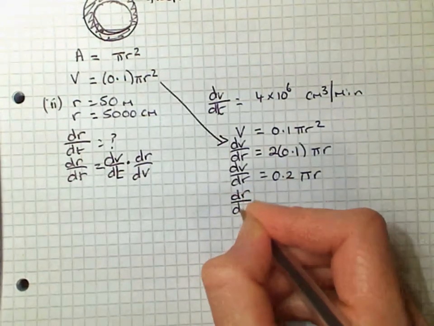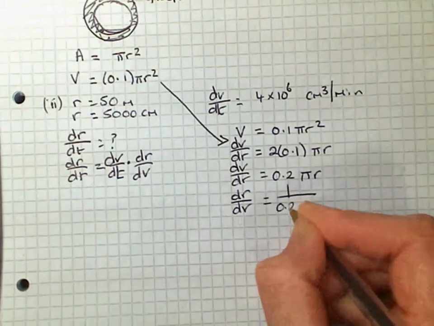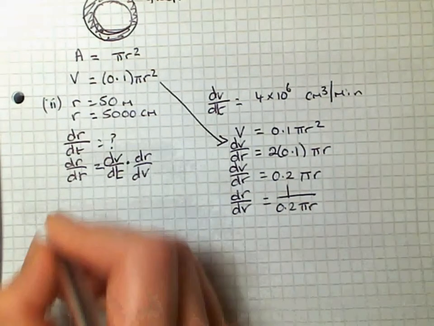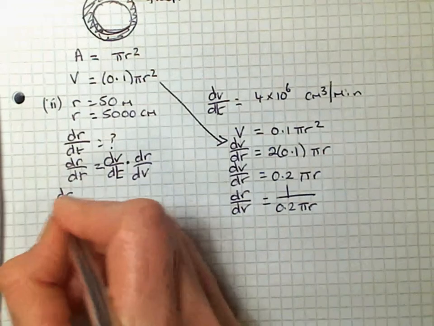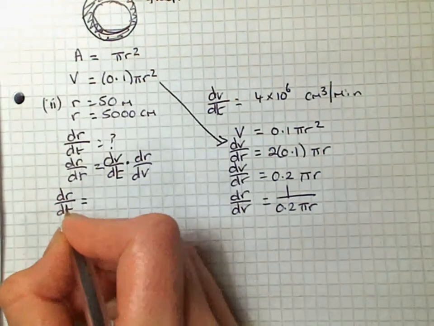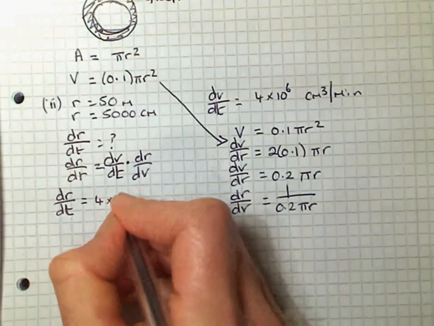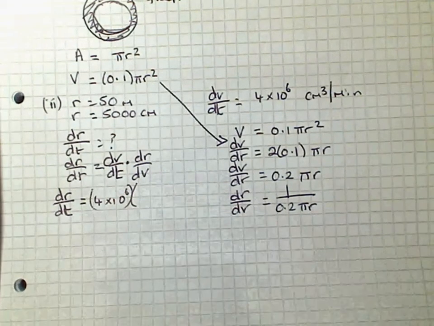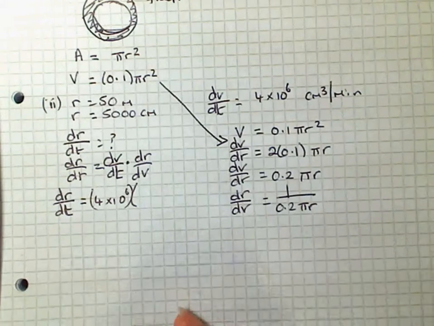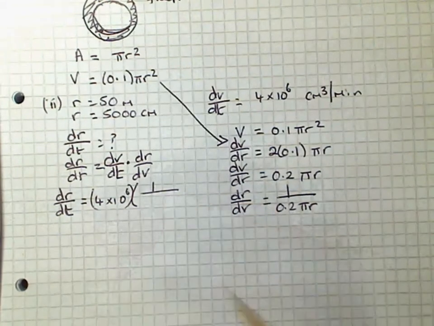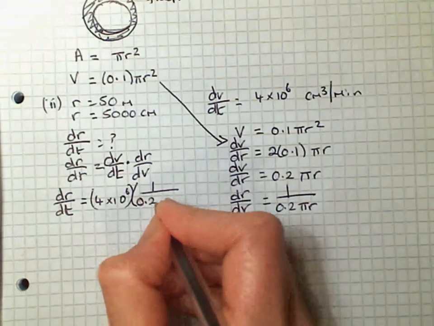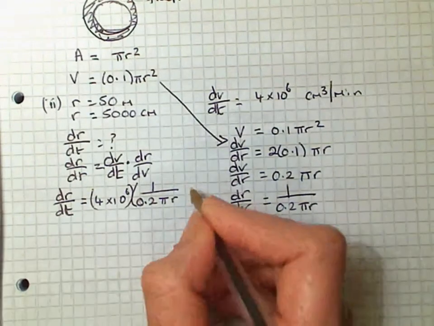So dr dV is 1 over 0.2 pi r. So back to my equation, dr dt, the change in the radius with respect to time, is dV dt, which is 4 by 10 to the 6, multiplied by dr dV, which is 1 all over 0.2 pi r.